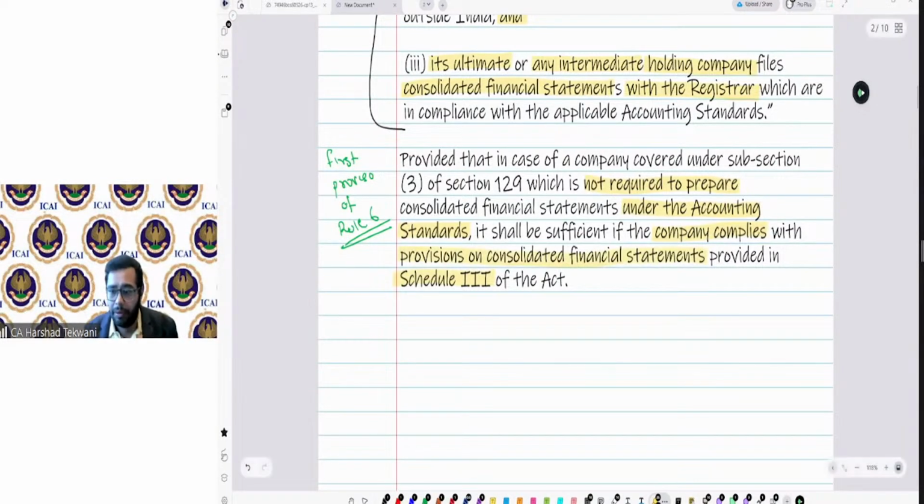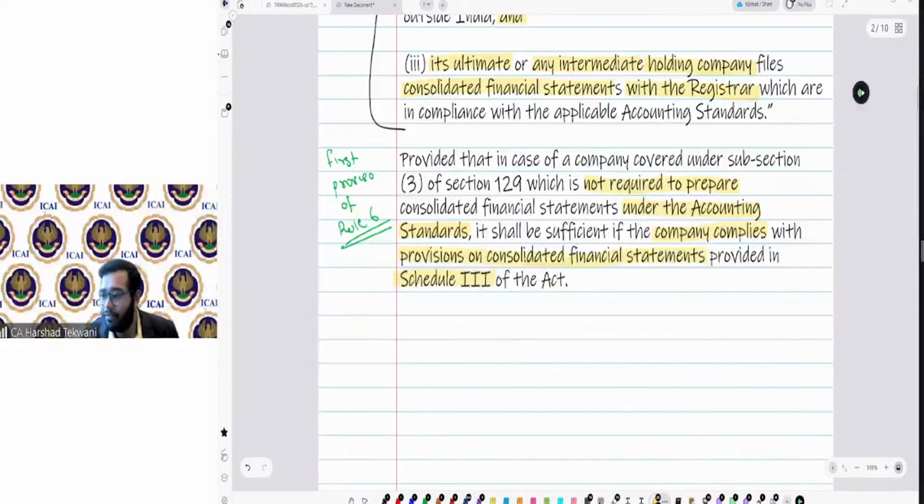Again, if the company is exempt by accounting standards, not by Rule 6 itself, the Rule 6 exemption is different and the accounting standard exemption is different.